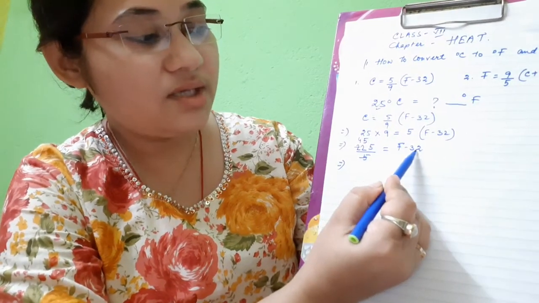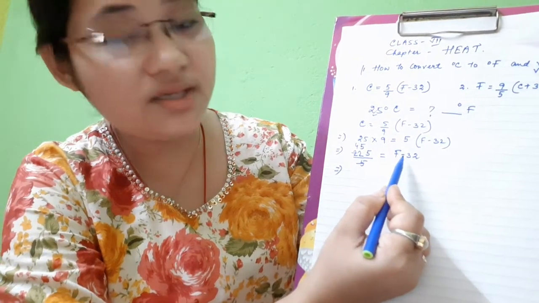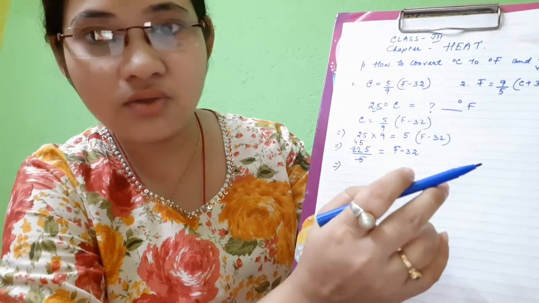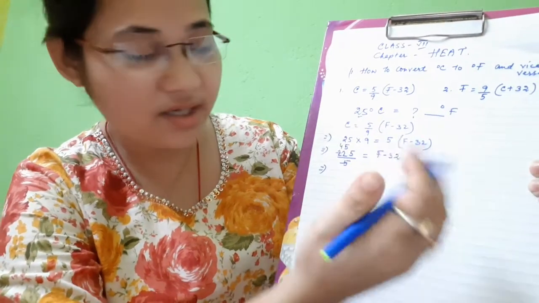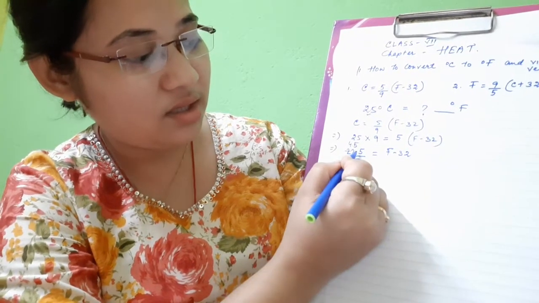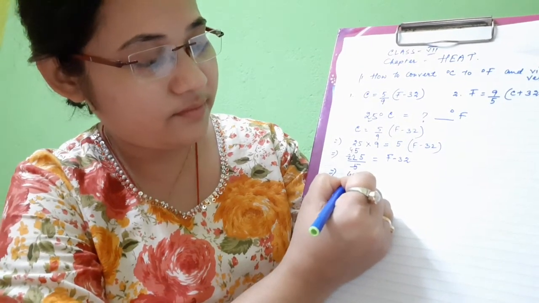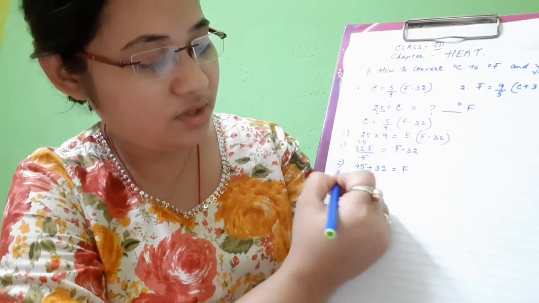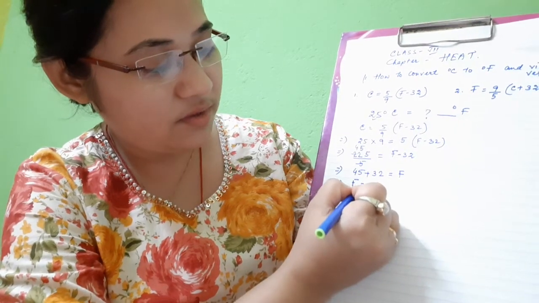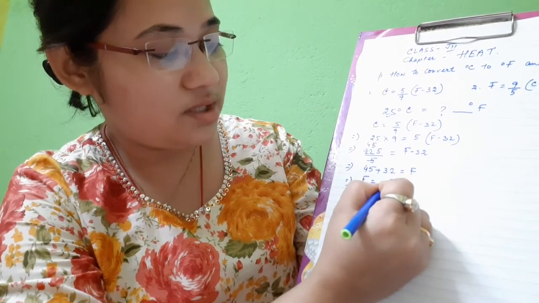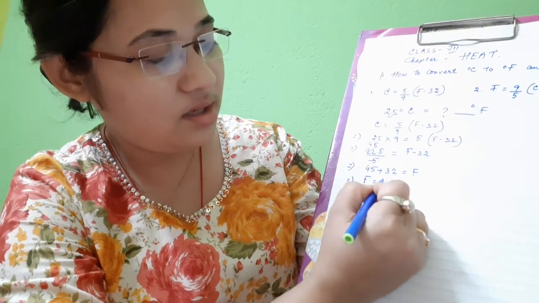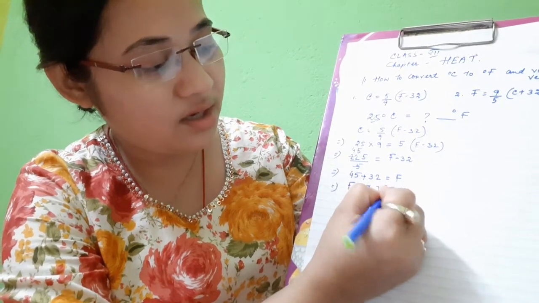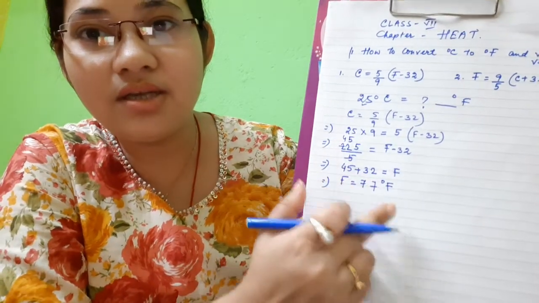Now f, this 32 here has a minus sign, so when it comes to this side it will be plus, so 45 plus 32. So let me keep f that side and bring 32 this side. So 45 plus 32 is equal to f. How much is f then? F is equal to 77. So we are getting 77 degree Fahrenheit.